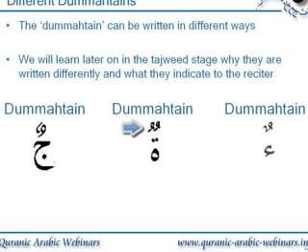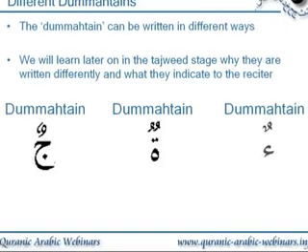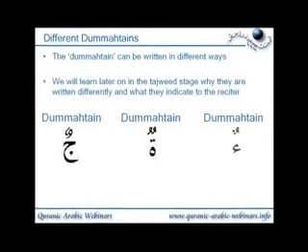The second one is simply two dhammas written together, so that's what you would expect, and that's what we've written in a lot of the slides before. And the third one is two dhammas, and it looks like one's up the right way and the other one's upside down. As long as you can recognize that these are all dhammatains or dhamma tanween, that's fine.